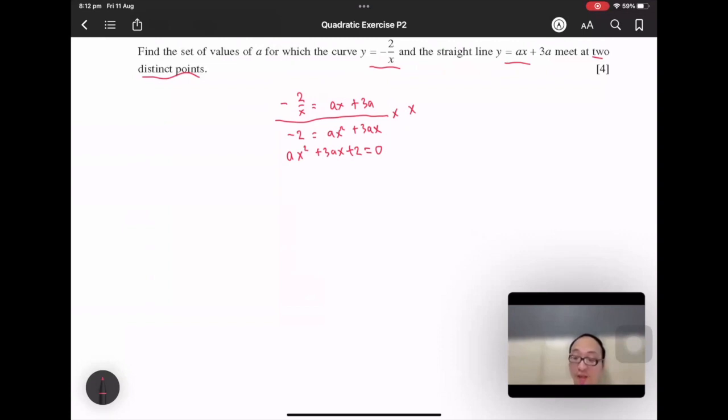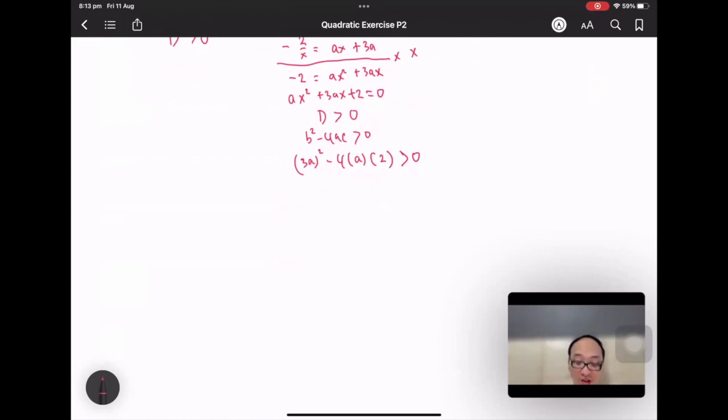And then meet at two distinct points. That means the discriminant should be greater than 0. So b squared minus 4ac greater than 0. b is 3a squared minus 4, a is a, and c is 2. So 9a squared minus 8a greater than 0.